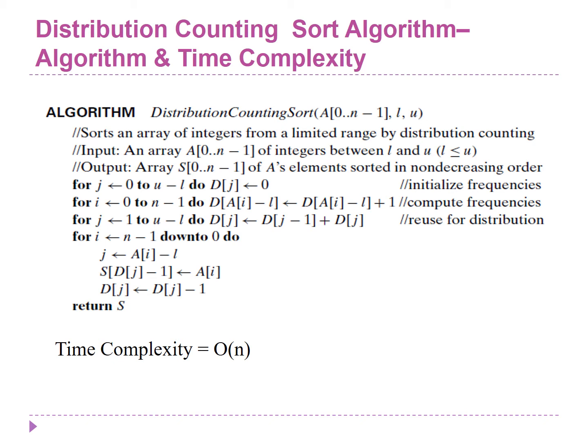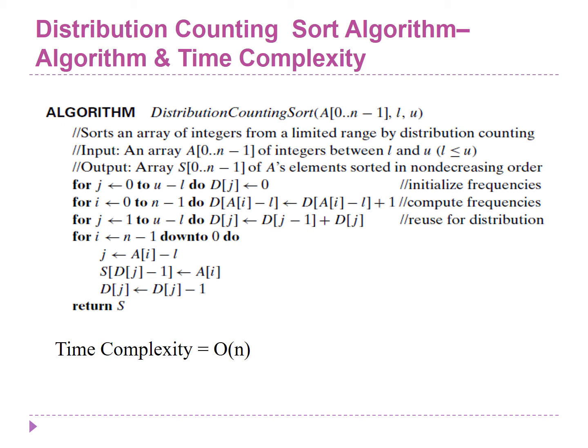As per the working principle of the distribution counting sort algorithm, the values of the frequency and distribution table are initialized to 0. Then the frequency of each element in the input array is stored in the frequency and distribution table.